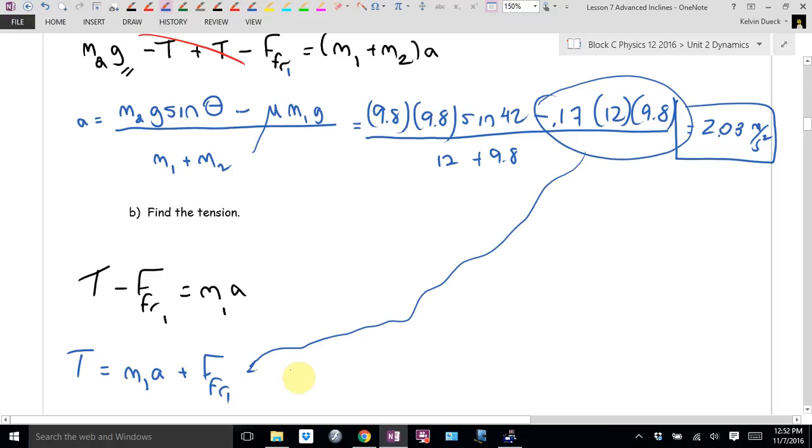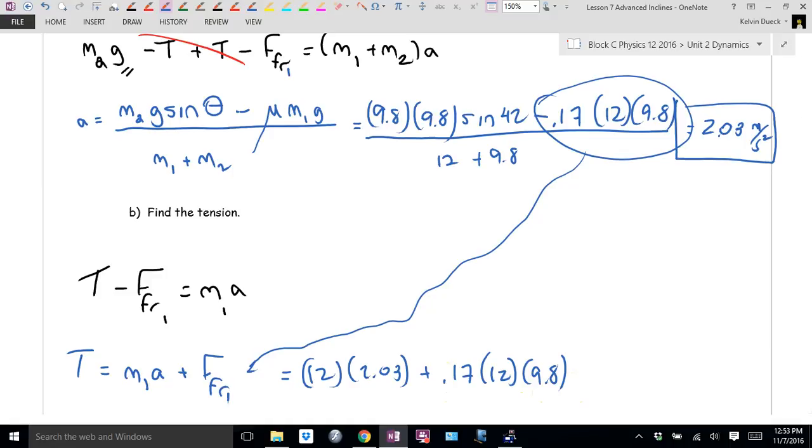So it's going to be M1, which was 12, A, 2.03. Of course, I'm going to use my answer button. Plus 0.17 times 12 times 9.8. Friction is mu times the normal force. I don't know the normal force, look. But since I happen to have it already sitting up there, I'll just drop it right down.